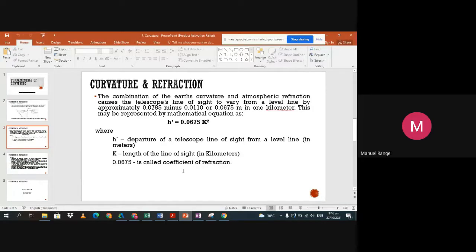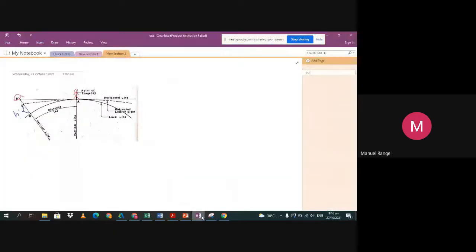So klaro. So mo lang itong gamitin ng formula, no, in dealing with problems with curvature.